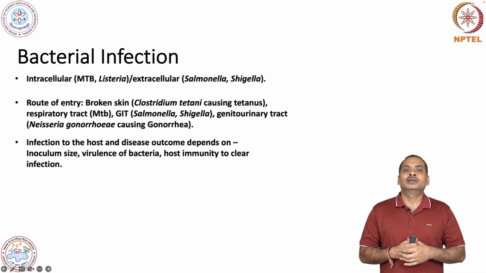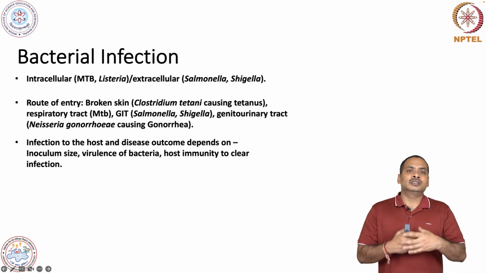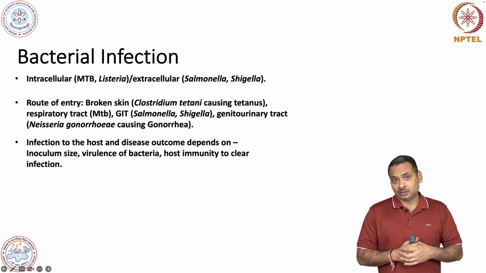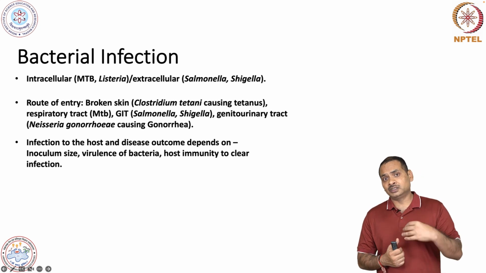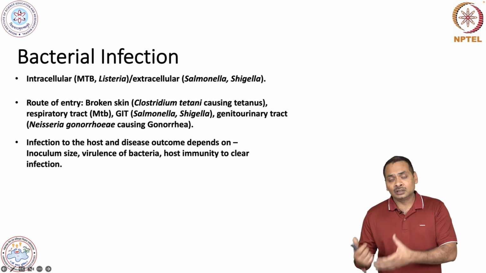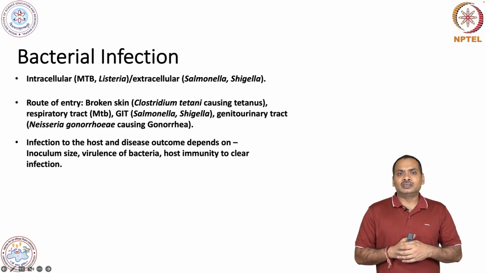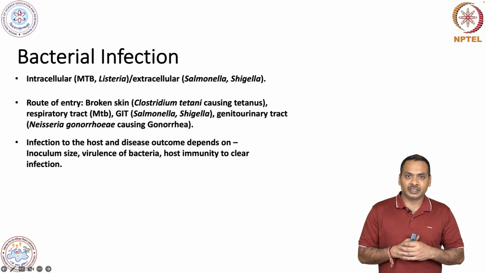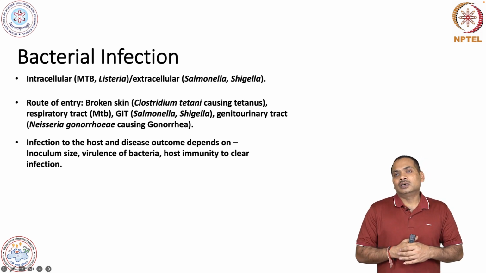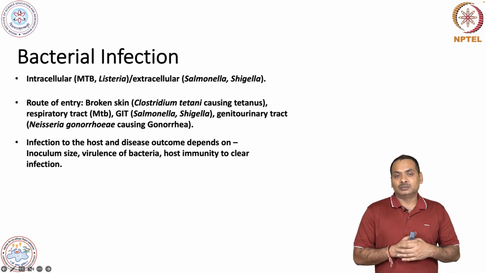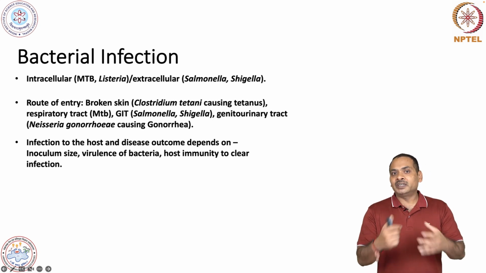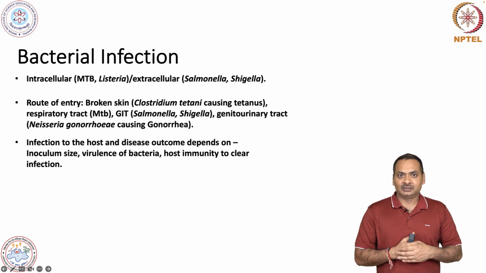If the host received a reasonably higher amount of inoculum, whether by the respiratory route, oral route or genitourinary tract, then that infection will take place. If it is a very small amount, maybe the disease will not happen, because maybe your innate immunity is capable of eliminating that infection.